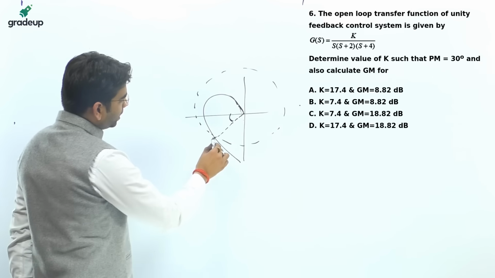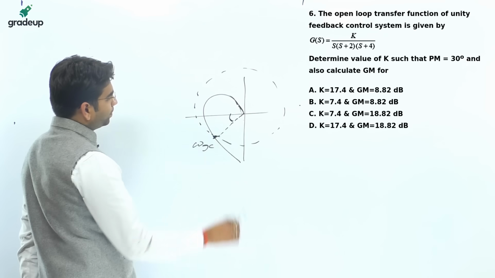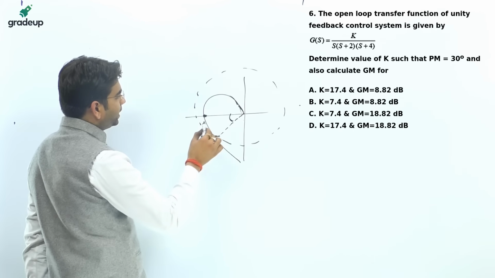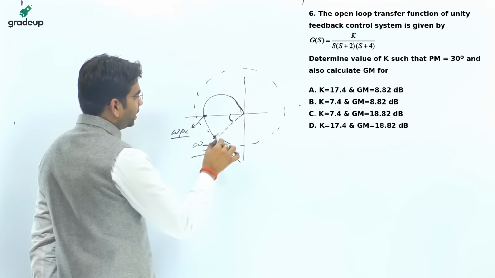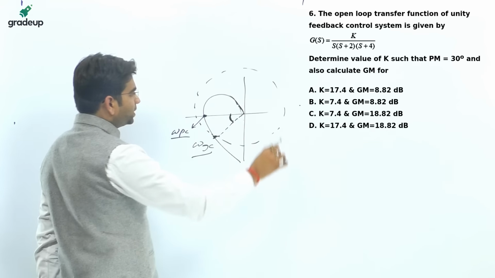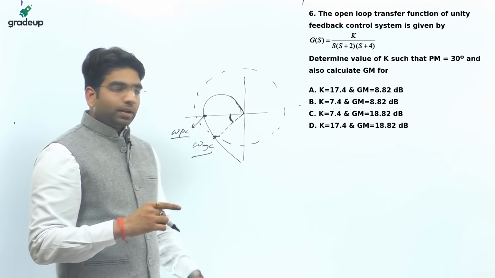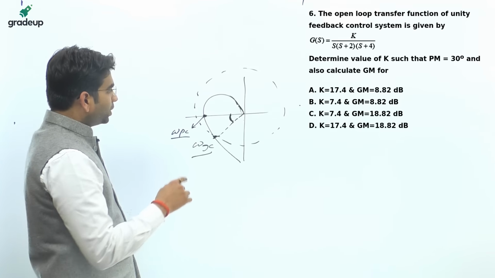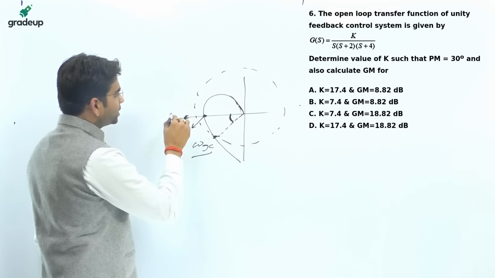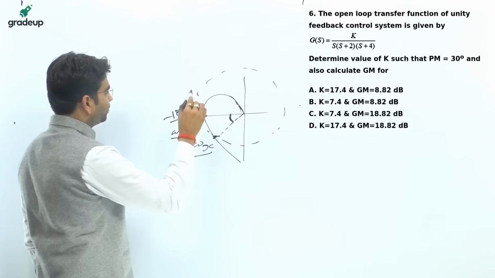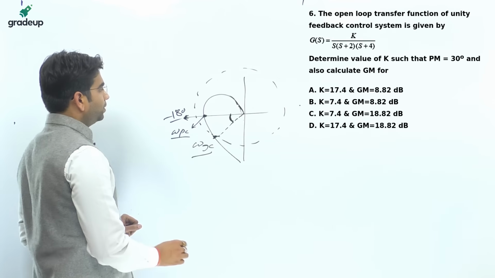Where the phase becomes 180 degrees, that will be the phase crossover frequency. This is the phase margin, the extra phase that may be added to the given system so that the system reaches the verge of instability. Verge of instability means it is minus 180 degrees. So with this concept in mind, you have to proceed to this question.